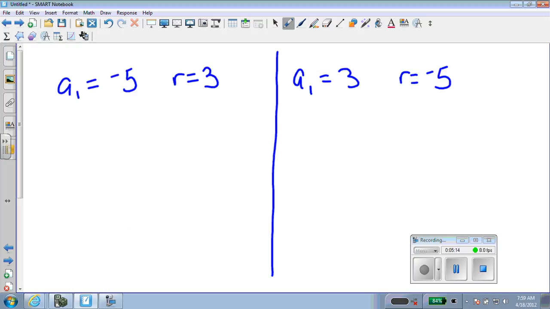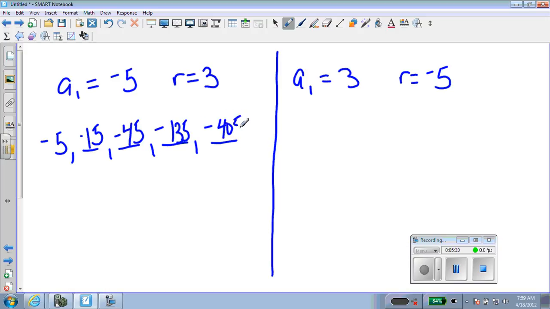Okay, so let's look at a couple others. The first term is negative 5. Common ratio of 3, so negative 15, negative 45, negative 135, negative 405. That's stretching my mental math capabilities.